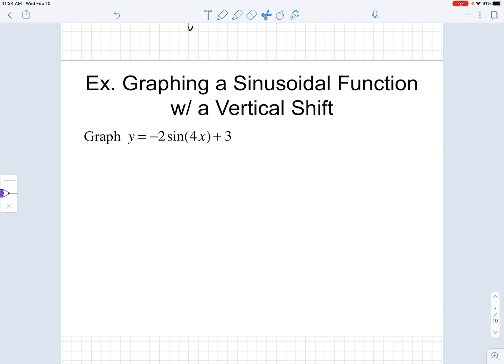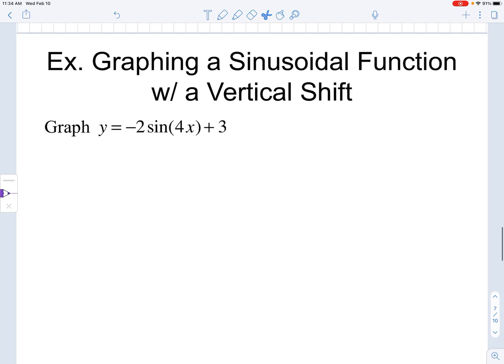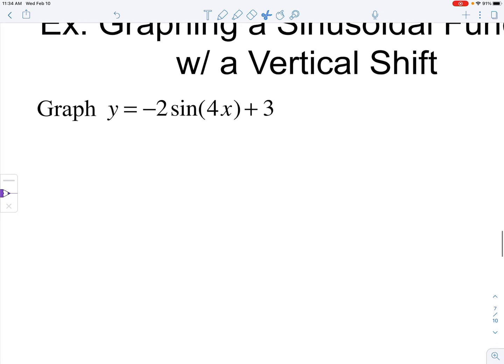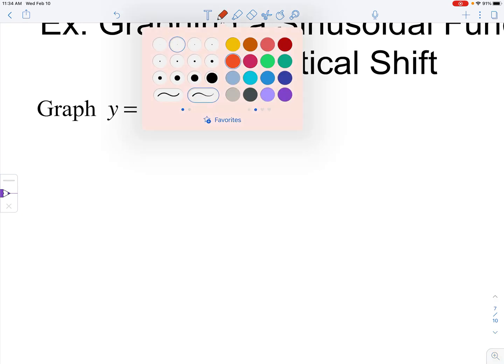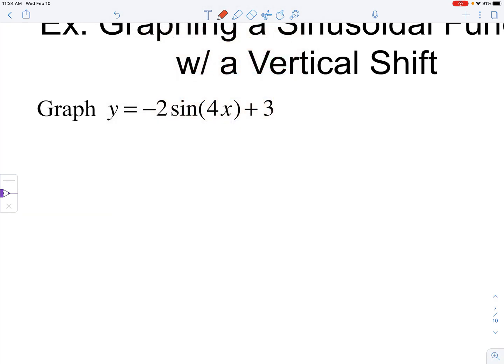Okay, so let's next look at when there is a vertical shift. What color should we use this time? Let's use orange. Okay, first of all, this negative is a vertical reflection. The amplitude is 2, so the size of the waves is 2 units. The period is 2 pi divided by 4, right?